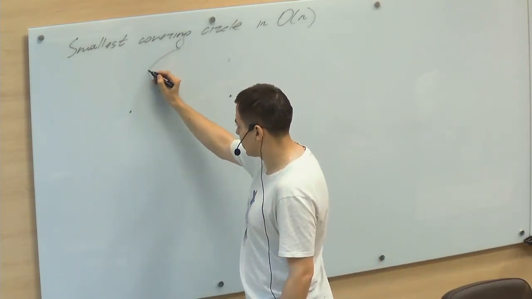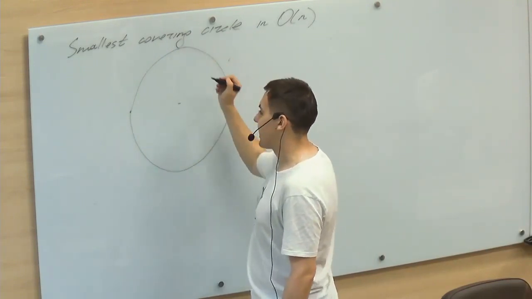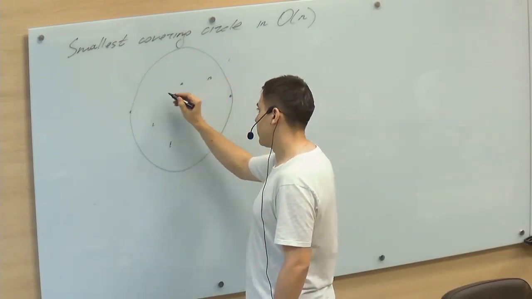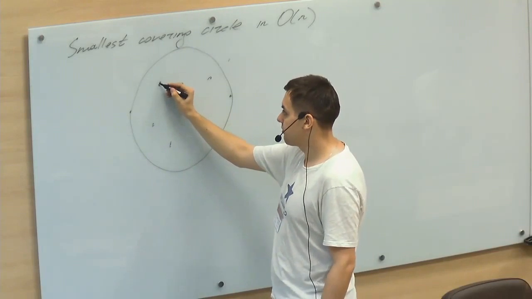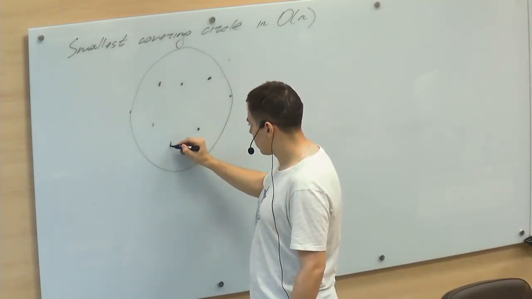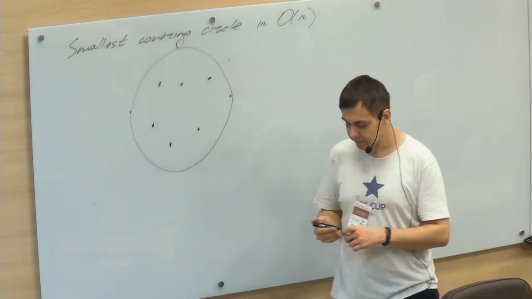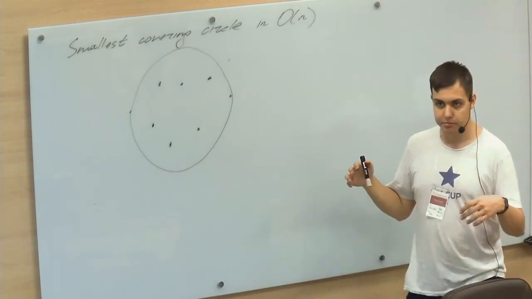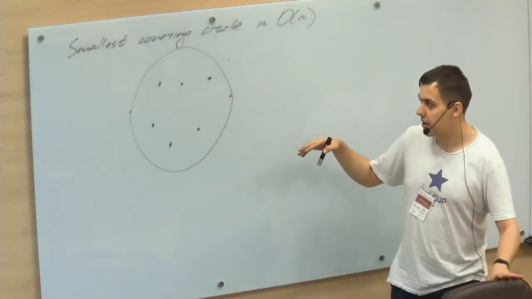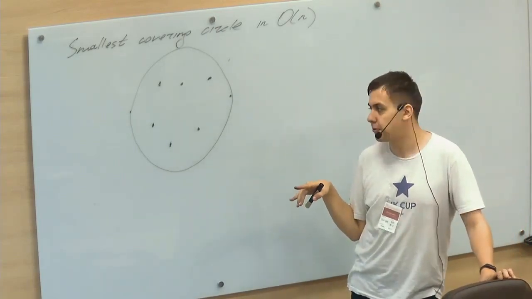This will also be one of the cases in our solution. So there can be a situation where the smallest circle is built on only 2 points instead of 3.